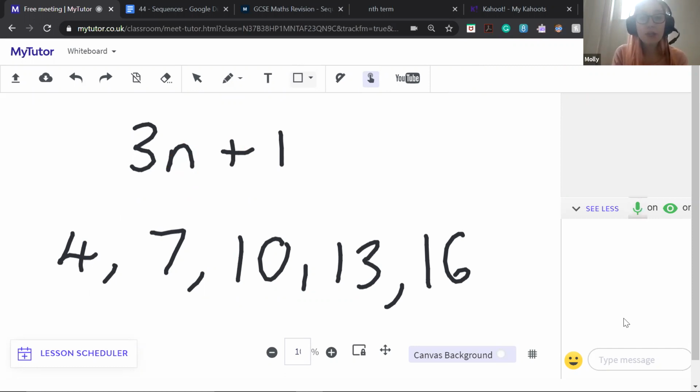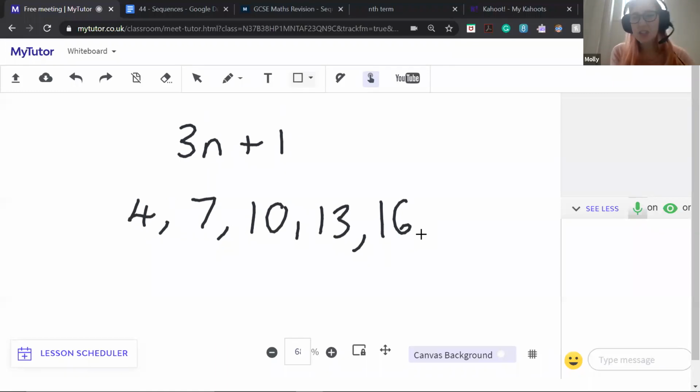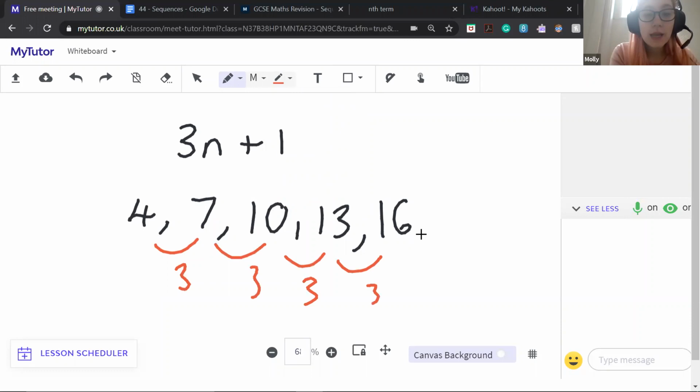Now, the key thing to notice here is that we have what is known as a common difference, and this is often expressed as D for common difference. And we can see that the difference between all of them is 3. Now, when the difference is the same, this is a linear sequence, and that's where this 3 comes from.